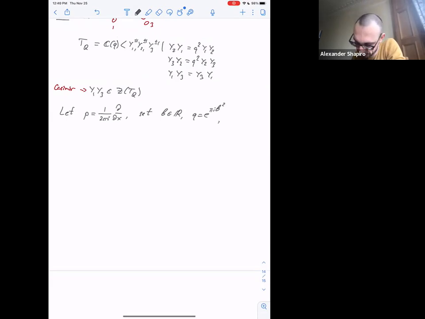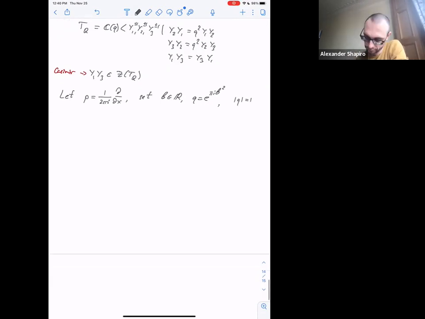So in other words, q is on the unit circle. Then we choose two more operators. Uppercase P is by definition e to the 2 pi b p. This is an operator acting on functions of x by shift. And we have another operator, uppercase X, which is just multiplication by e to the 2 pi b x.